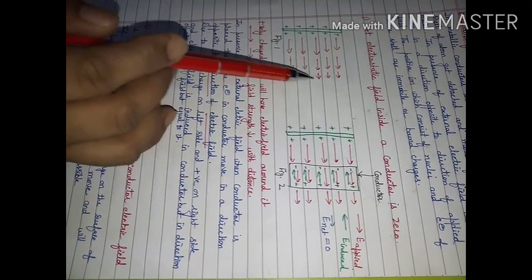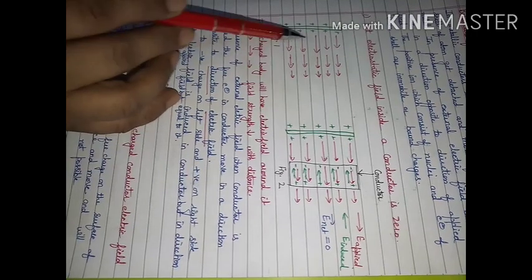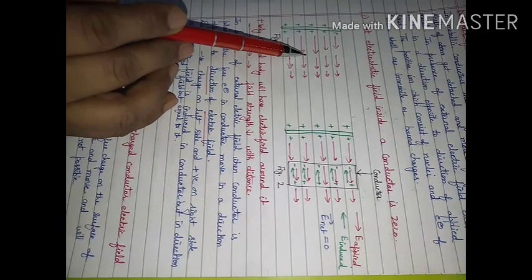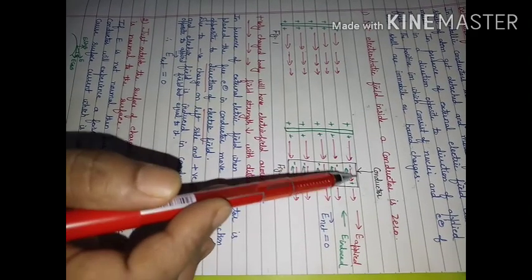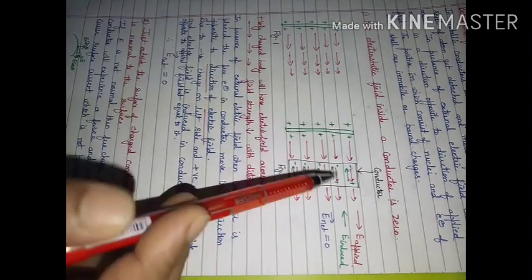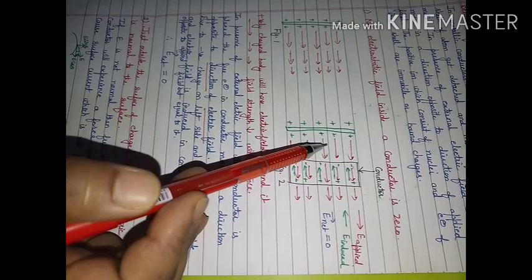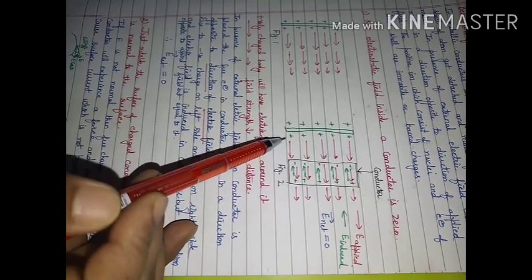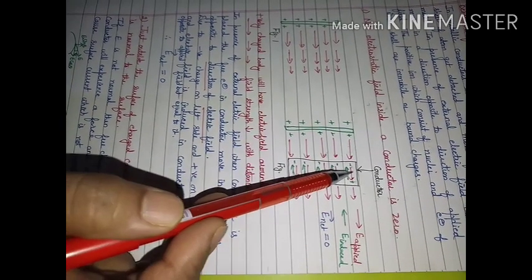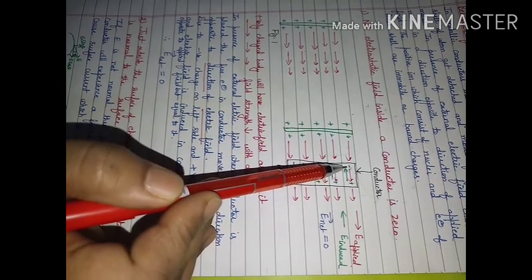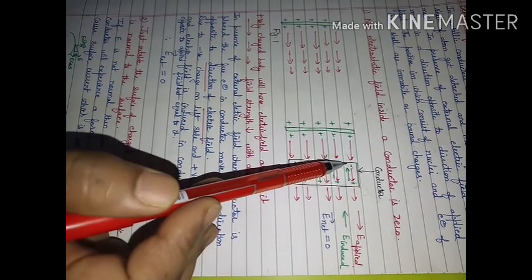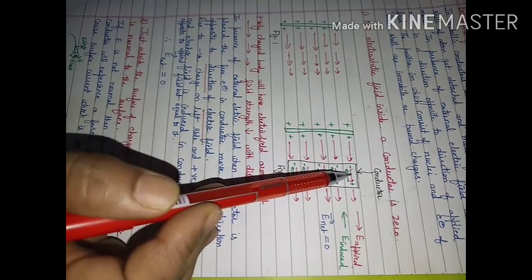Let us consider in this field, this is your applied field. In this field you are going to keep one conductor here, this black one. When it is kept in the external or applied electric field, what will happen? Free electrons which were present in the conductor will experience a force in a direction opposite to the direction of the applied field.